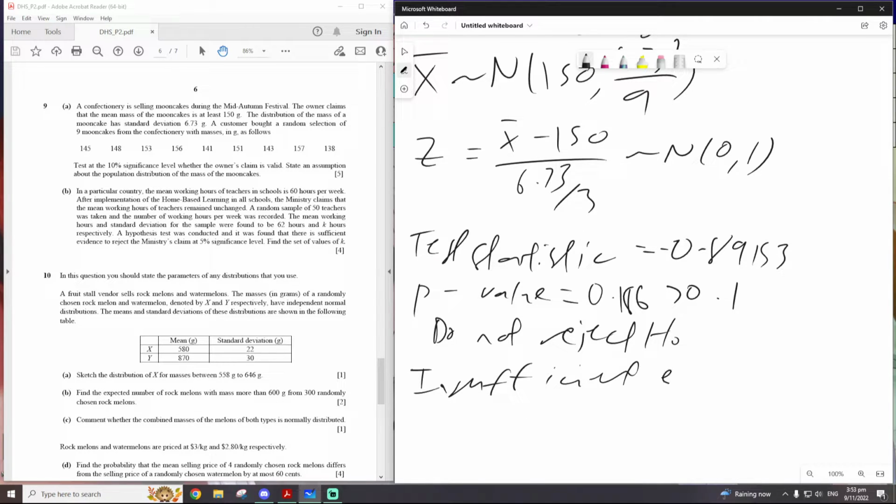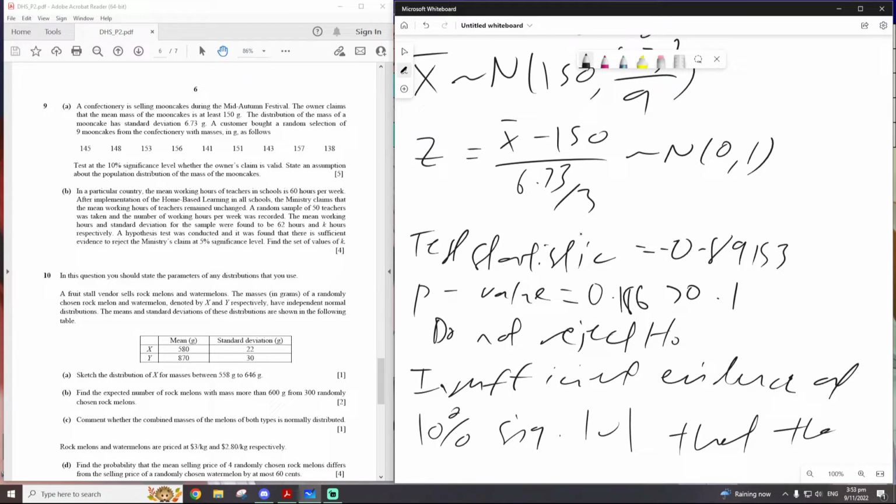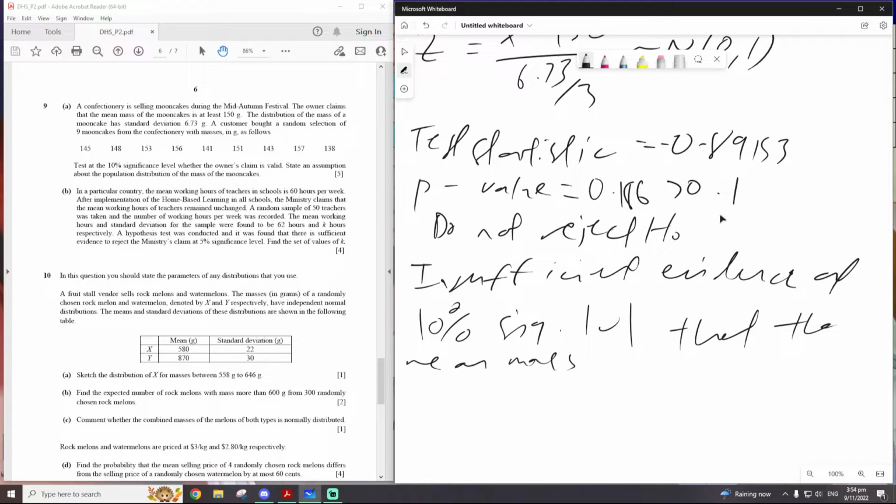Insufficient evidence at 5% or rather 10% significance level that the mean mass of a mooncake is less than 150 grams.